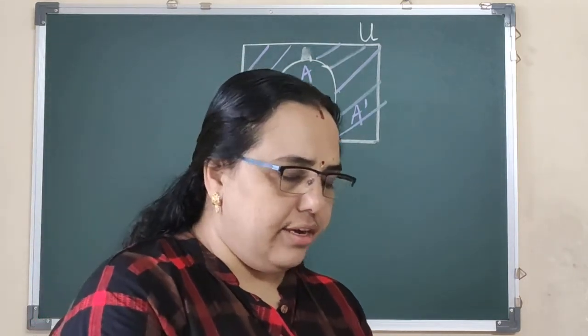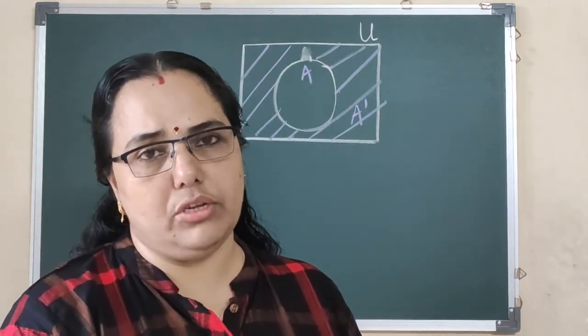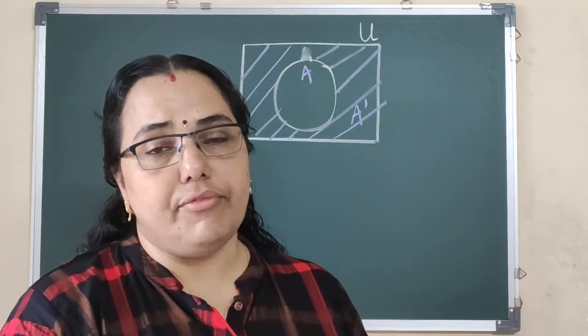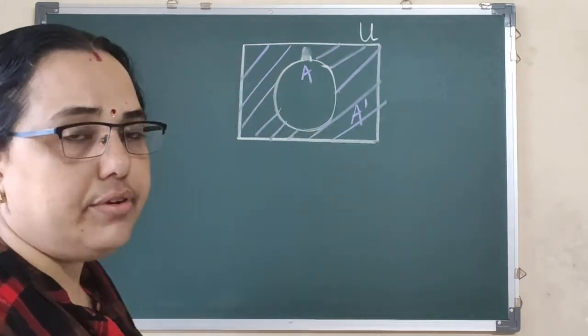Okay. As said previously, we go to the further part of the chapter, that is operations on sets. After we do operations on sets, we come back to the exercises one after the other.